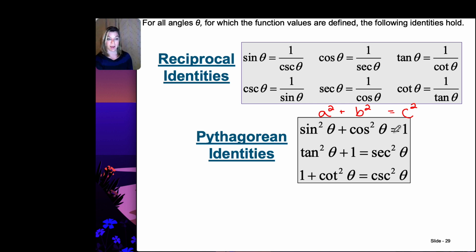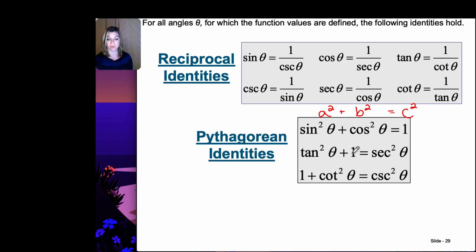Okay, but for our Pythagorean identity with trigonometric functions, A would be sine of theta and B would be cosine of theta. Those are the x and y coordinates, and 1 comes from the unit circle, which has a radius of 1, and 1 squared is 1. So this right here, no problem. It's just like the Pythagorean theorem. This one also holds true.